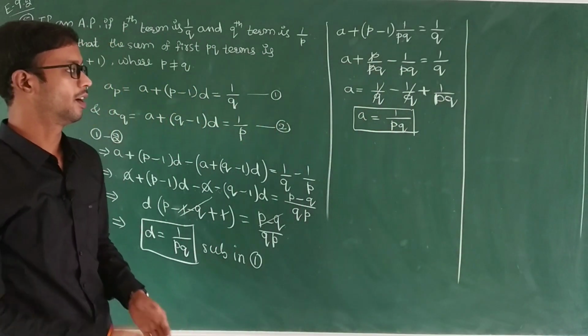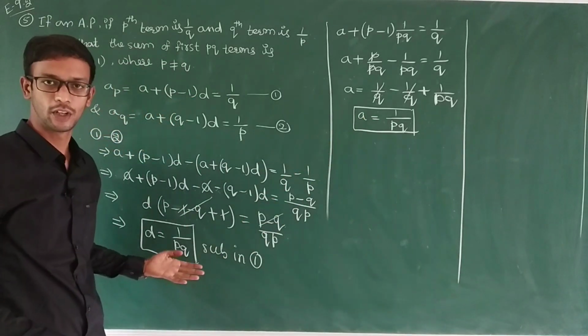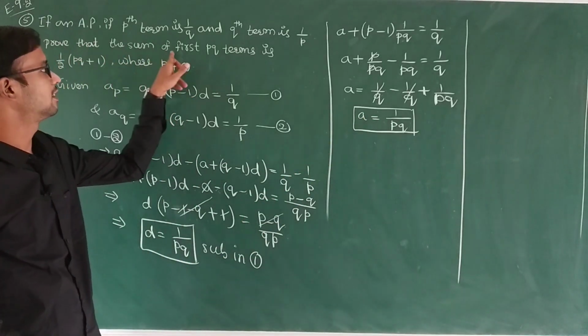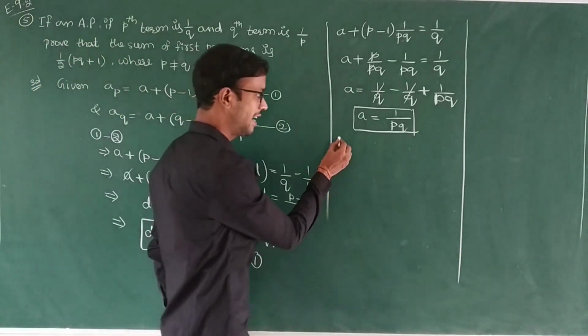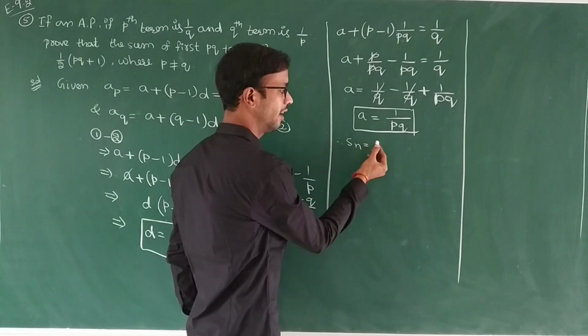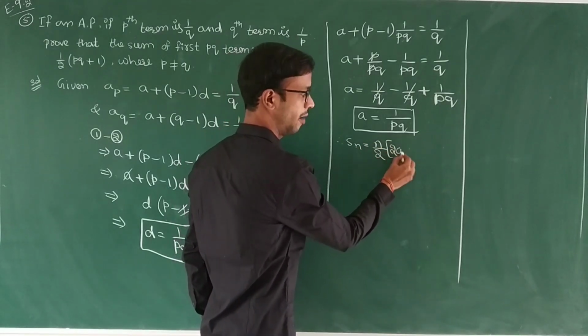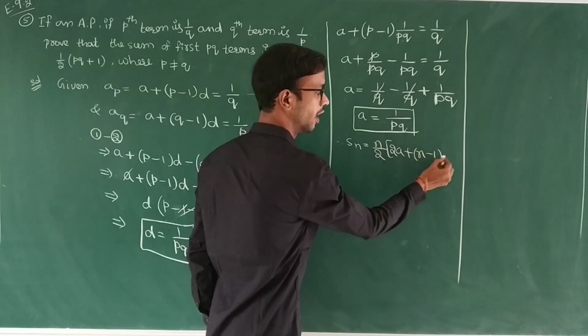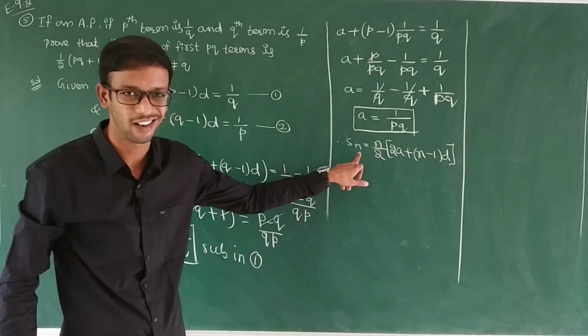Now you observe, the a value we got and the D value also we know here. Now prove that the sum of the first pq terms. First I write here the formula: Sn is equal to n by 2 into (2a plus (n minus 1) into D). This is the sum of first n terms formula.